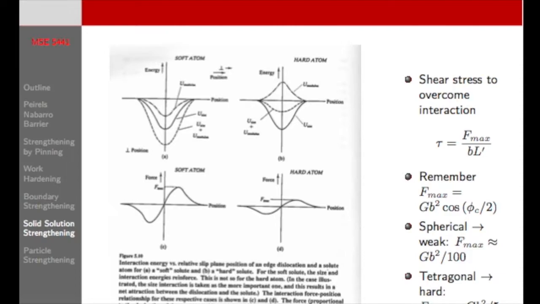So when we have a more compliant substitutional atom with a greater size difference, that is where we get our optimum hardening.